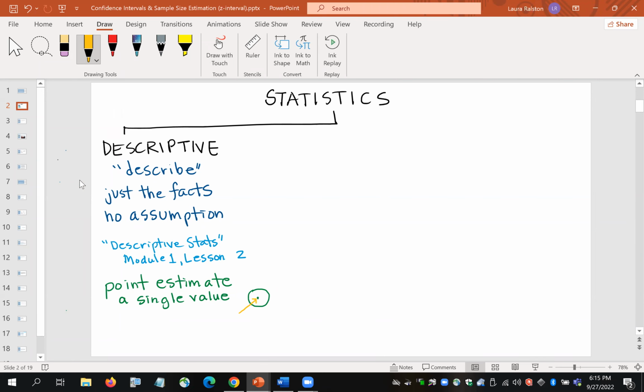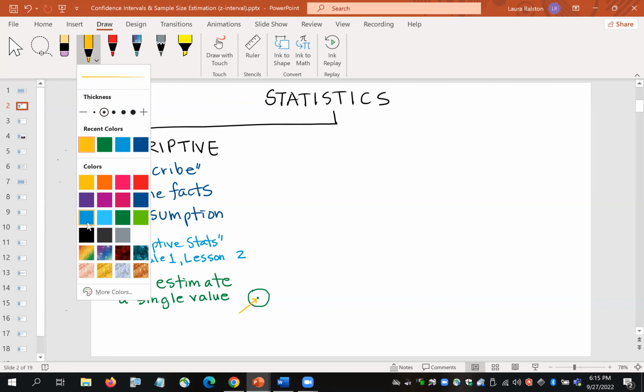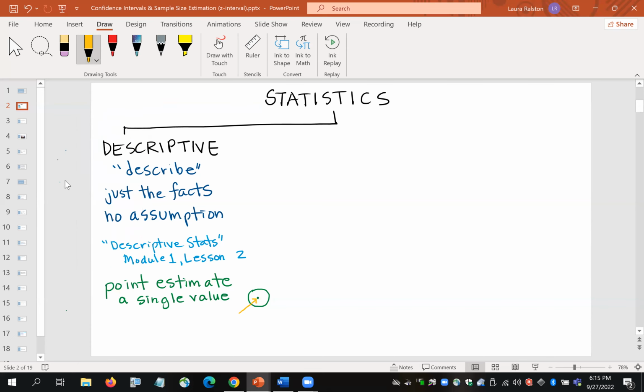So that's a little bit challenging. It's not wrong to use it, but you are limiting your options. What if you are really off, or you miscalculate it for some reason? So we've been dealing with descriptive statistics and using point estimates.